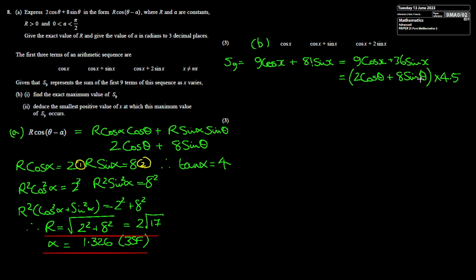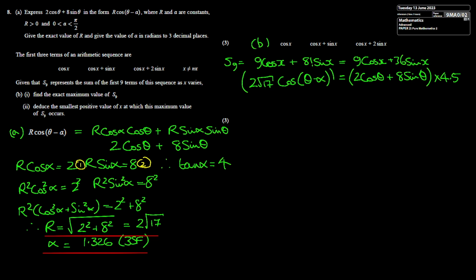Now in part A, we equated our old equation with an R cos(theta minus alpha) equation, and we got that it was 2 root 17 cos(theta minus alpha). I'll still use alpha because yes, I know alpha is 1.326, but it's simpler to write just alpha.